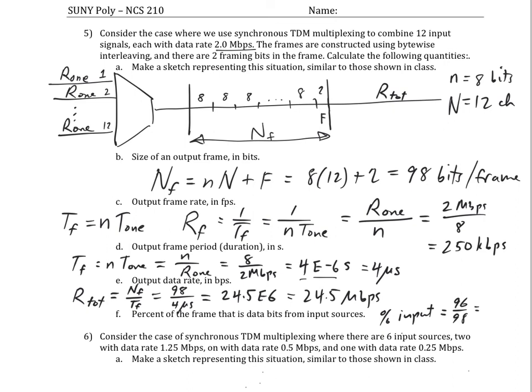And if you want that as a percentage, I suppose I can calculate it on my calculator. 96 divided by 98 is 0.979, so let's just say 98%.